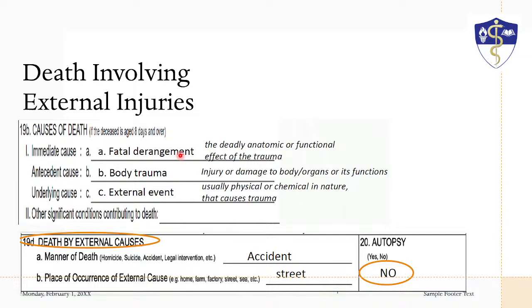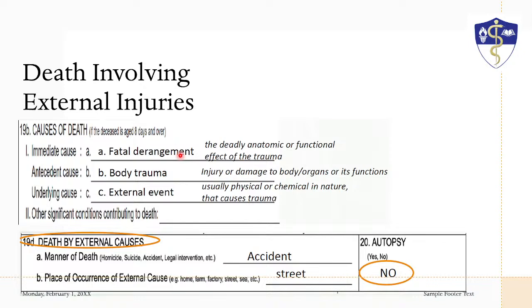If it's an accident, you describe it. If it's a fall, you place it there. For example, a patient fell from a banana tree. That was the example given to us, which kept us laughing during our training of trainers, and a good way to memorize is to write the story in the underlying cause.